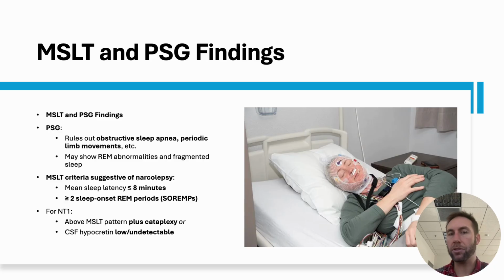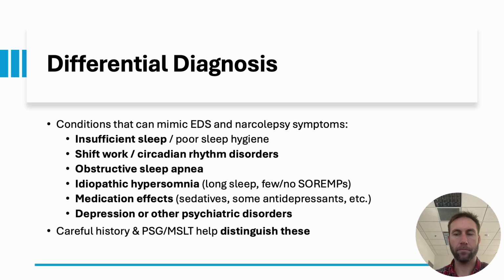A short average sleep latency with 2 or more sleep onset REM periods is highly suggestive of narcolepsy, especially when combined with cataplexy or low hypocretin.